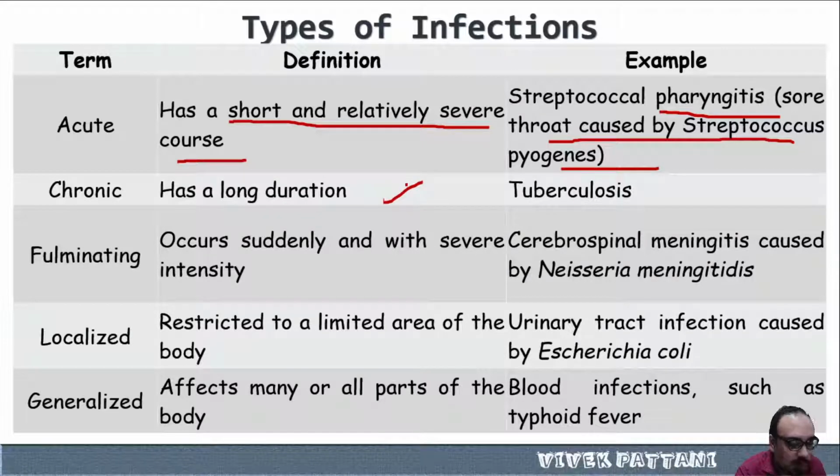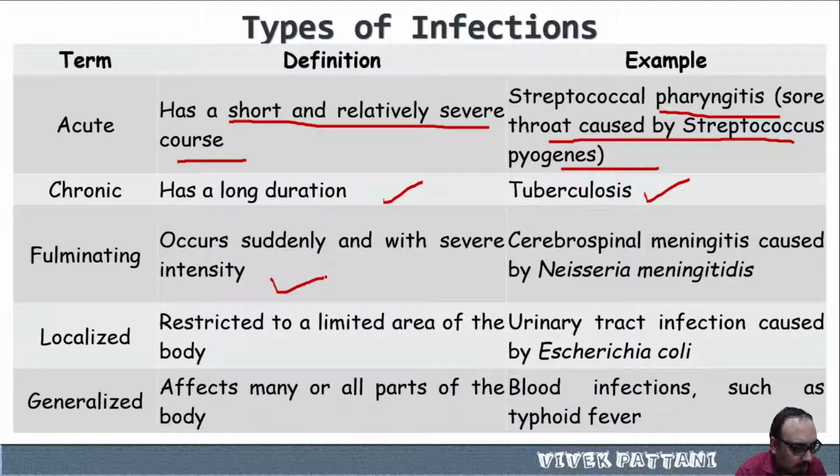One example is tuberculosis, which may stay in the human body for six months to years. If not given treatment on time, it may also lead to the death of the host.